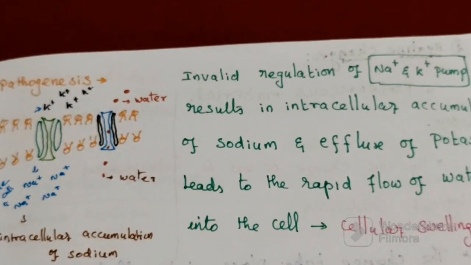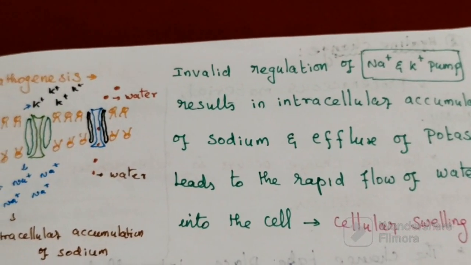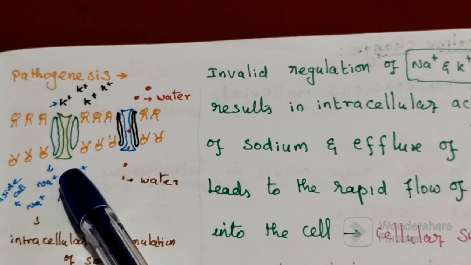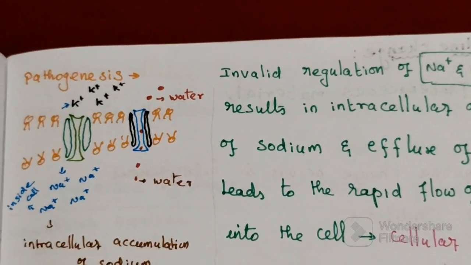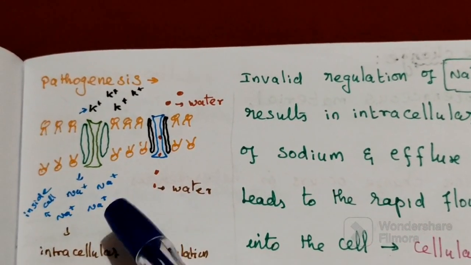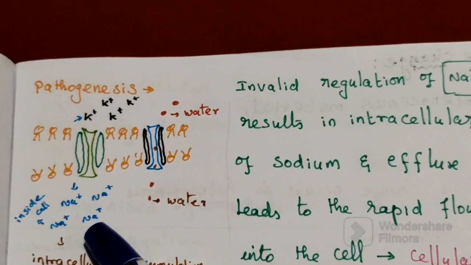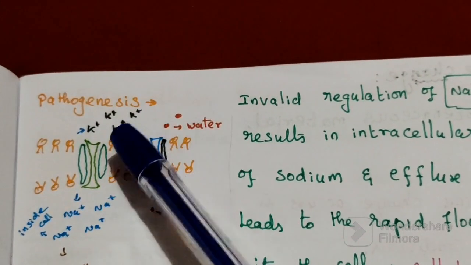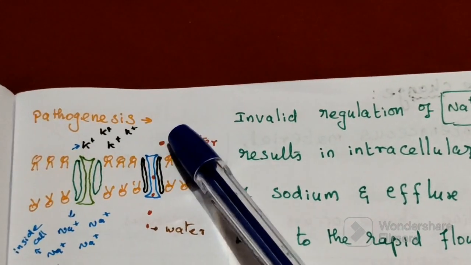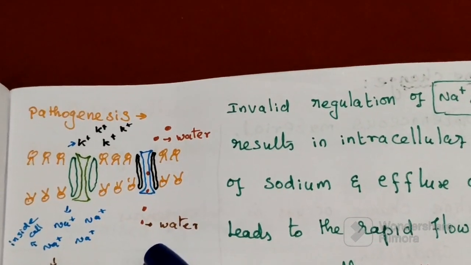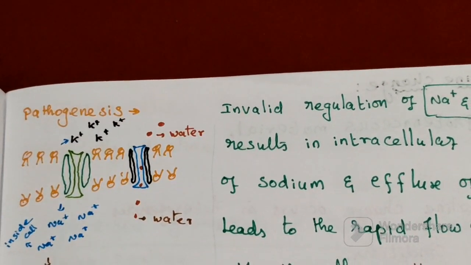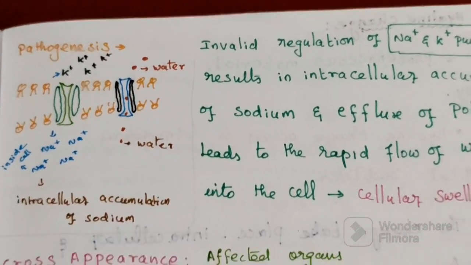So here, as a result of impaired regulation of the sodium potassium pump, sodium accumulates intracellularly, potassium leaves, and water flows rapidly into the cells. So it causes cellular swelling.